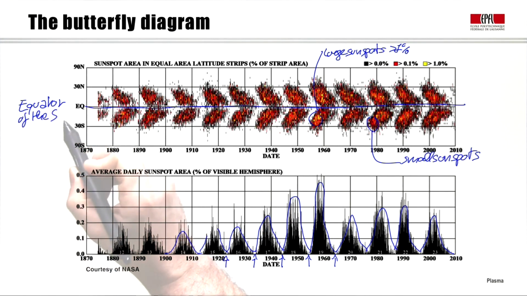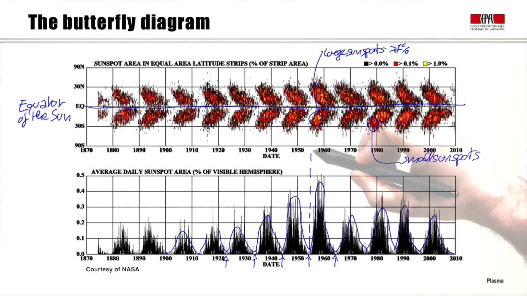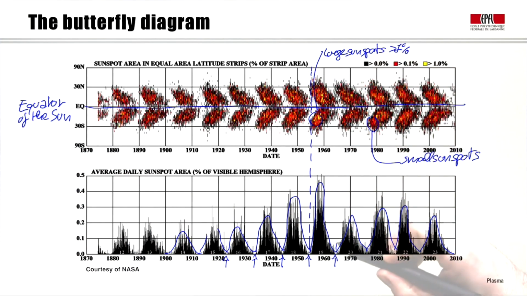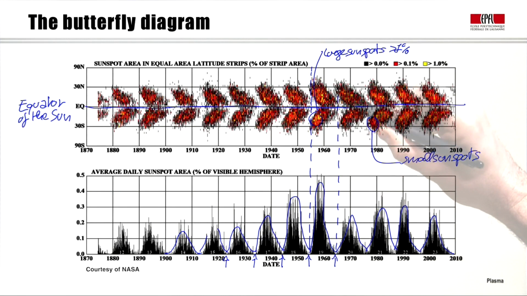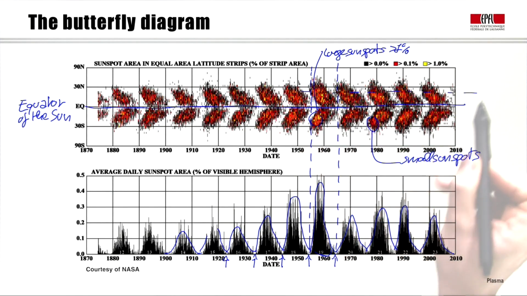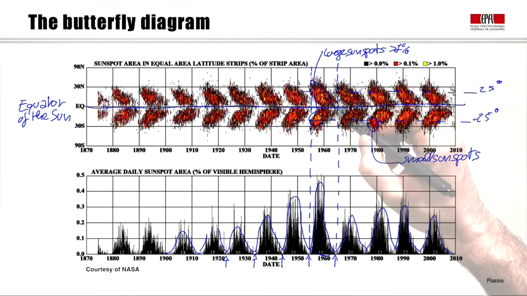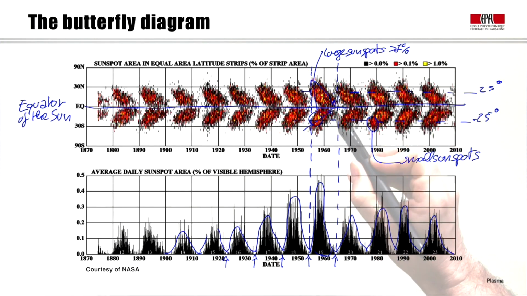If we look, for example, at the solar cycle number 19, we can see that at the beginning of the cycle, the sunspots appear in two bands on either side of the Sun's equator for latitudes that are slightly larger than 25-30 degrees. As the cycle progresses, the range of latitudes increases and the central latitude drifts towards smaller values.